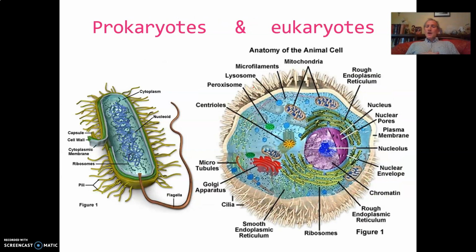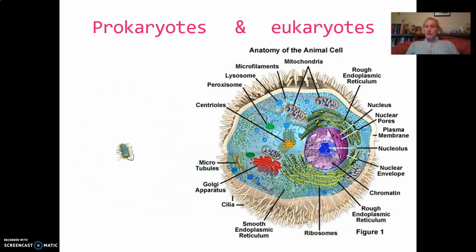Often textbooks show these side by side, and as somebody who really cares about body size, I study the evolution of body size a lot. It's deceptive. You really want to compare them apples to apples, and here what you see is there's a tremendous difference between prokaryotic cells and eukaryotic cells. The cells of a prokaryote are tiny, tiny, tiny, on average more than 10 times smaller in any dimension than eukaryotes.